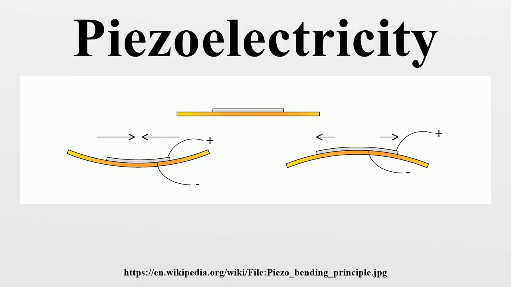If the dipole moment can be reversed by the application of an electric field, the material is said to be ferroelectric. Polar crystal classes: 1, 2, mm2, 4, 4mm, 3, 3m, 6, 6mm.